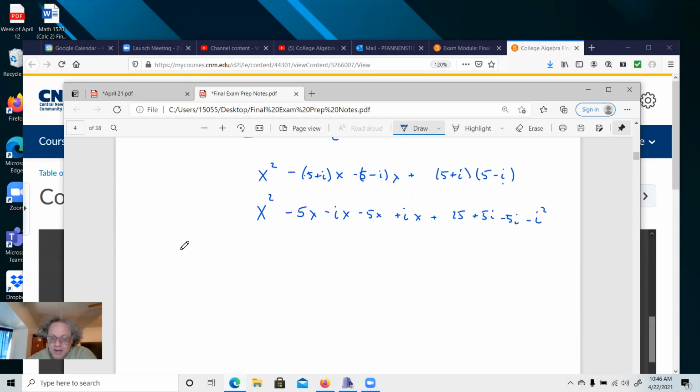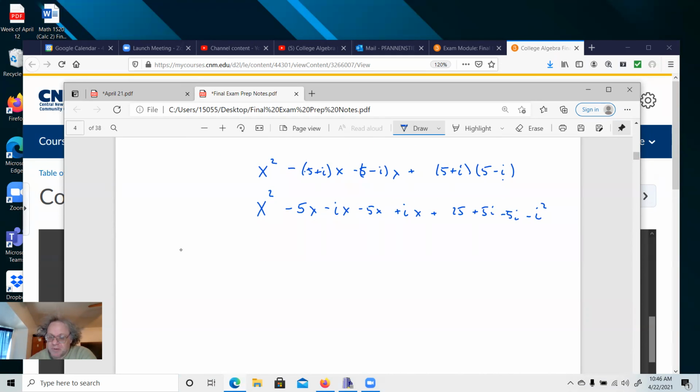Okay. So let's see if we can put this a little bit together. There's some stuff that cancels. We have a minus ix and a positive ix. Minus 5x and minus 5x, they just don't cancel. But here we have a plus 5i and a minus 5i, so that's going to cancel. So let's go back to blue here for a second.